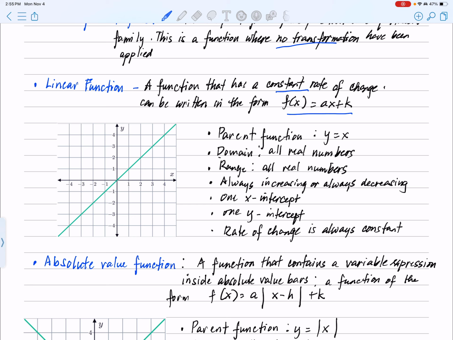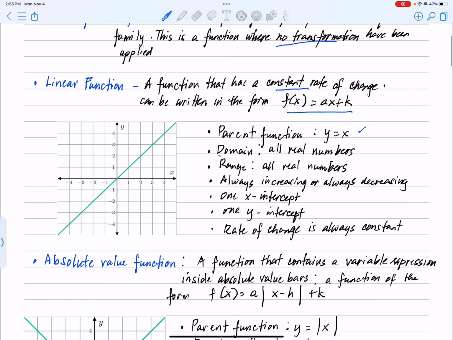The parent function of linear is y equals x. The domain is all real numbers. The range is all real numbers, and it is always increasing or always decreasing, and has one x-intercept and one y-intercept. The rate of change is always constant.